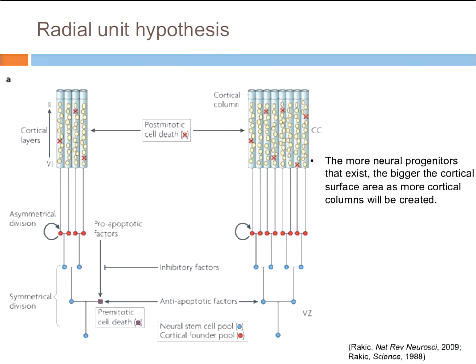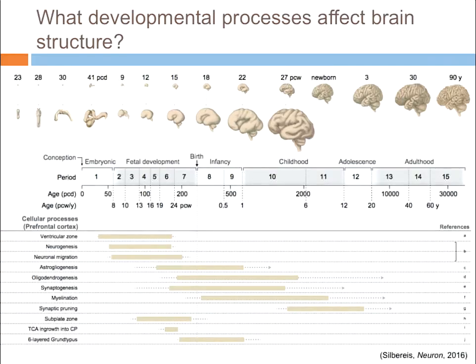So to assess this, we can first look back in the literature about some hypotheses about how brain structure changes. One of those hypotheses is called the radial unit hypothesis. In this hypothesis, there are multiple different proliferative neural progenitor cells that create the neurons of the cortex. These are only present during fetal development, during this time here, prior to birth.